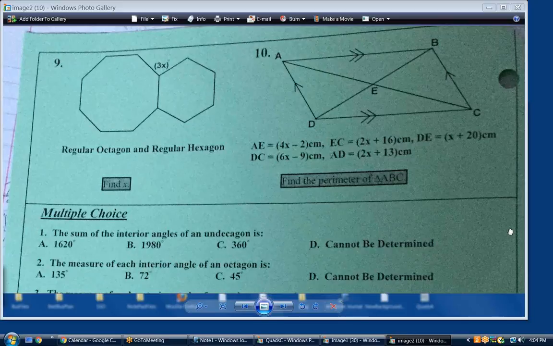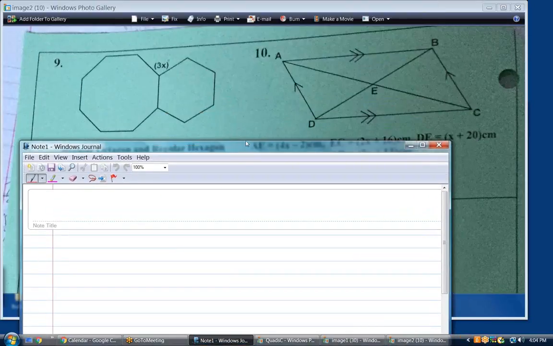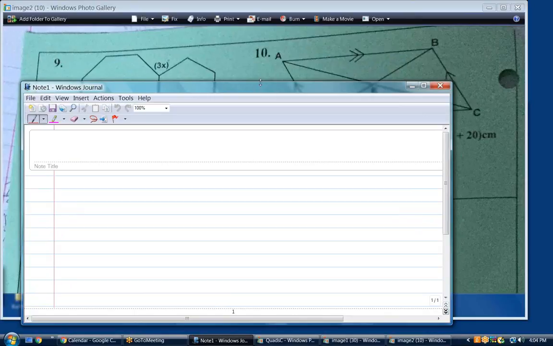Okay. What's the measure of each exterior angle of that octagon? It's 45, I think. Okay.